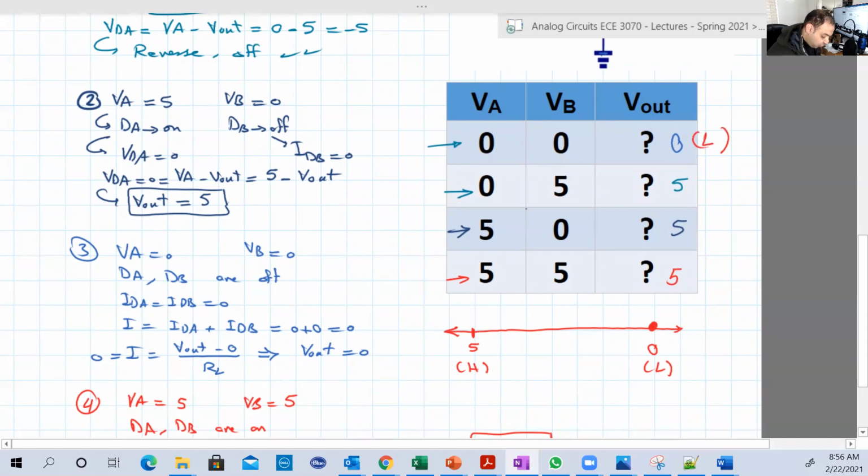When we have 0, 5 or 5, 0 or 5, 5, we have 5 volt. So it's basically high. So basically, when you have low, low, you have low. When you have low, high, you have high. When you have high, low, you have high. When you have high, high, you have high. That's OR gate.